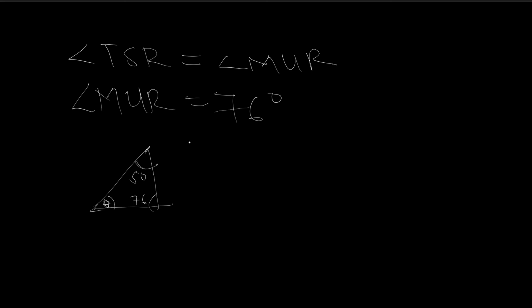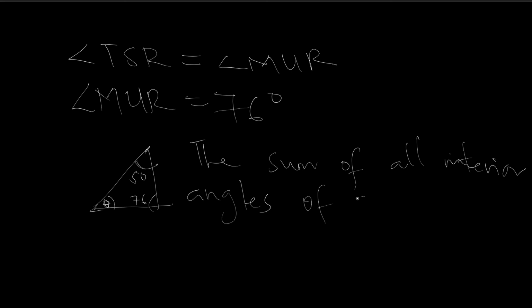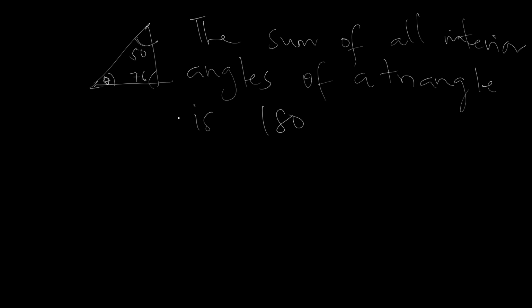Now we know that the sum of all interior angles of a triangle is 180. So in that case, we can say that 50 plus 76 plus our theta, which is the angle we are asked to find, should be equal to 180.